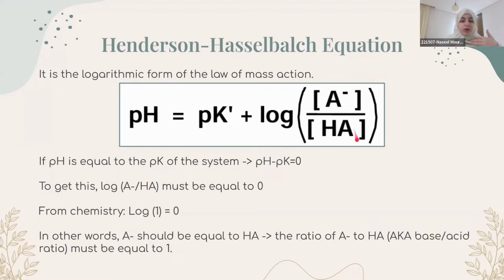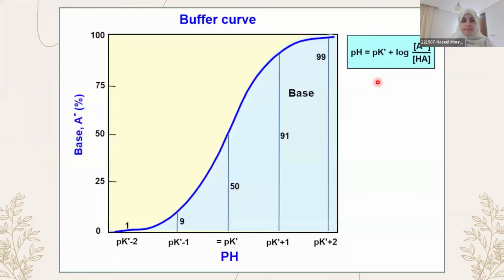And now when you do log of 1, you get 0, okay? So what does this mean? What I'm saying is that the pH is equal to the pK of the buffer when you have 50% bases and 50% acids. In other words, the concentration of acids and bases are equal. All right? Now we'll go through this multiple times so you'll understand what this means.